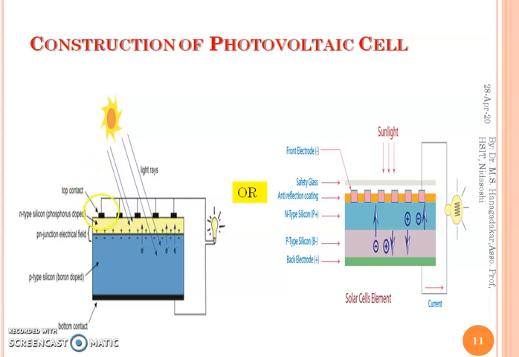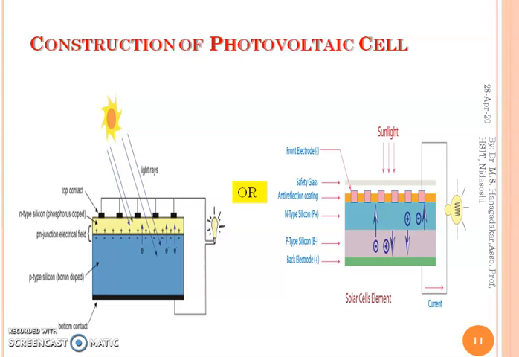Here the silicon we are using is most probably monocrystalline silicon to make the semiconductor and photovoltaic cell. Monocrystalline silicon means the atoms of the silicon material used in the semiconductor are oriented in a single direction.